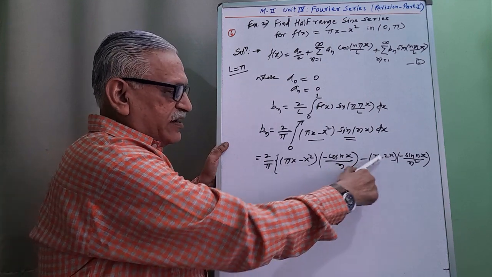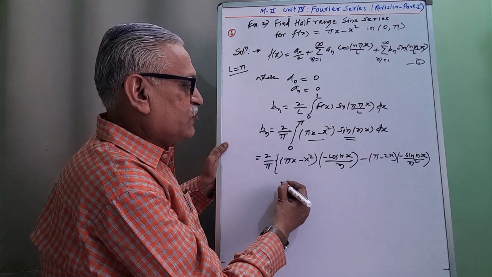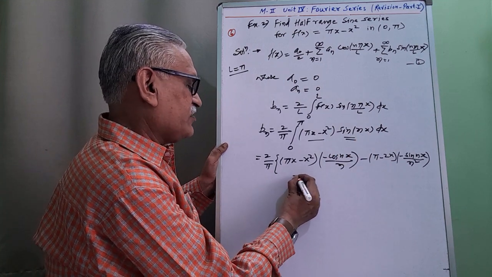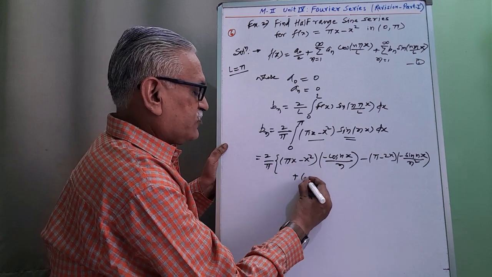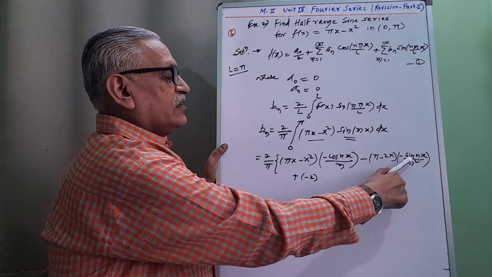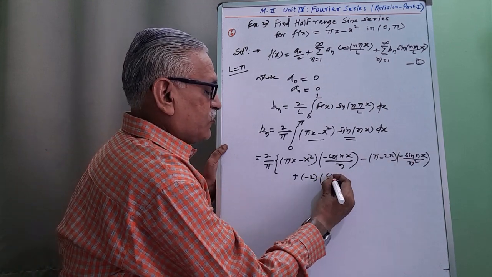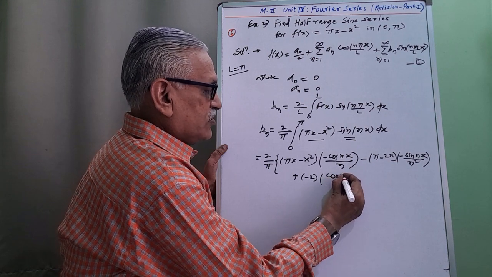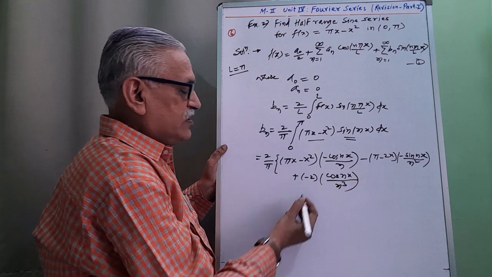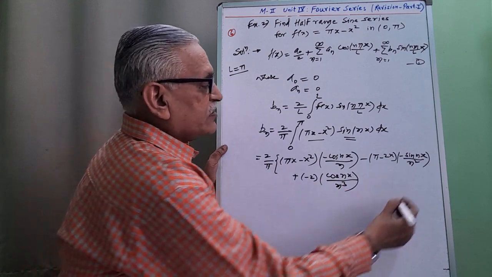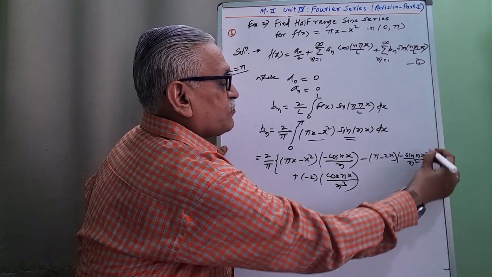Keep this sign as it is, don't multiply at this stage if you want the correct answer. Then plus differentiation of this term with respect to x, it is minus 2. Integration of sine is minus, and with this minus, it becomes plus cos nx by n cube. Next derivative 0, we stop here. And limits from 0 to pi.